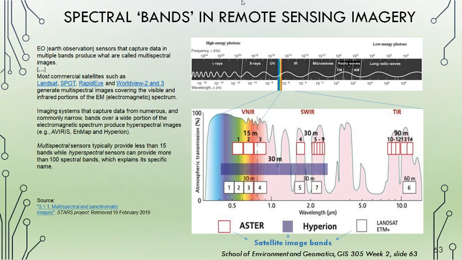So again, here is our electromagnetic spectrum. You've got very short wave radiation here that is like gamma rays and X-rays. Then you've got UV radiation that has slightly longer wavelengths. Then you have wavelengths in that portion of the spectrum to which our eyes are sensitive.